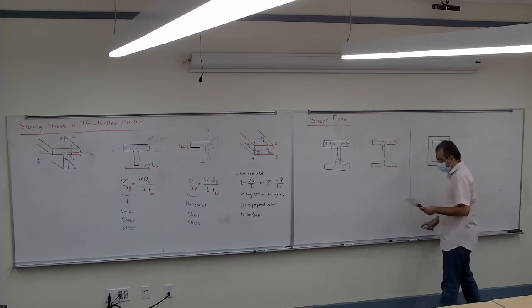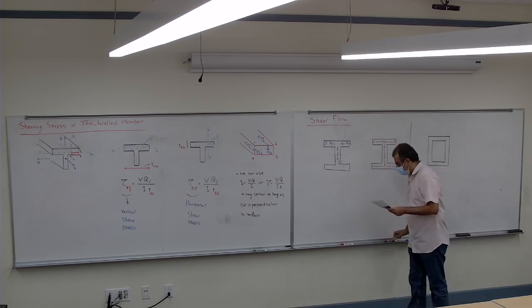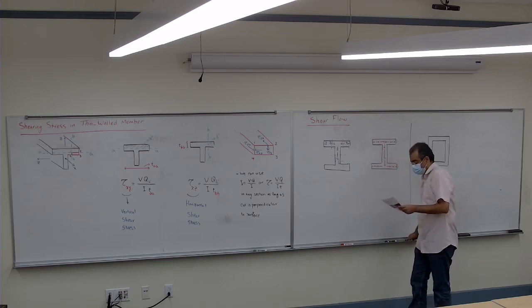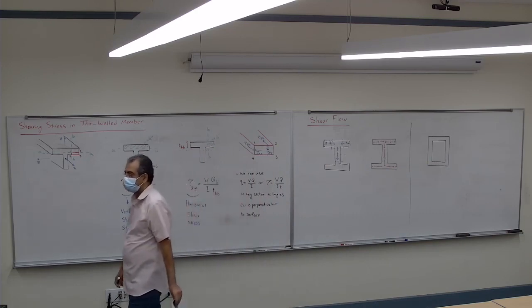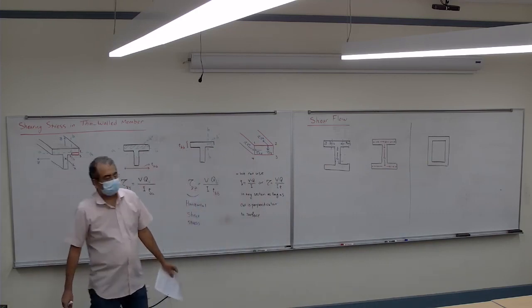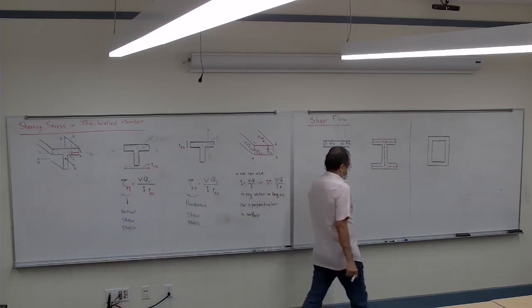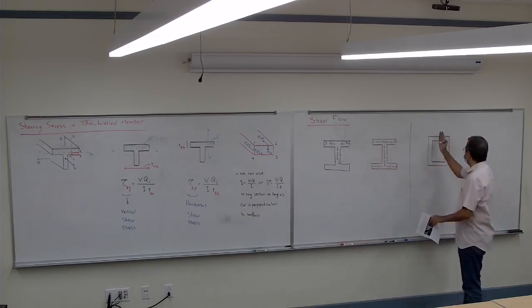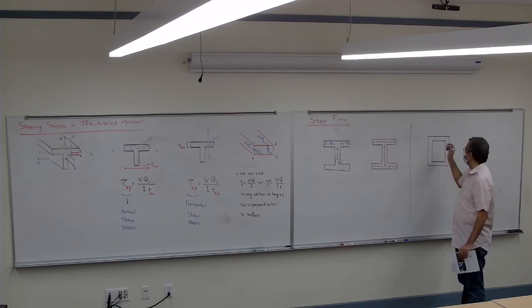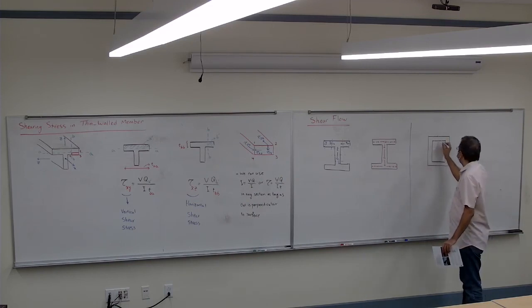Then I start to cut that part again. This time, every time I want to cut it, I have to cut it at both sections because I want to bring out Q. So if I cut it here and here, I'm going to have a very small Q there.